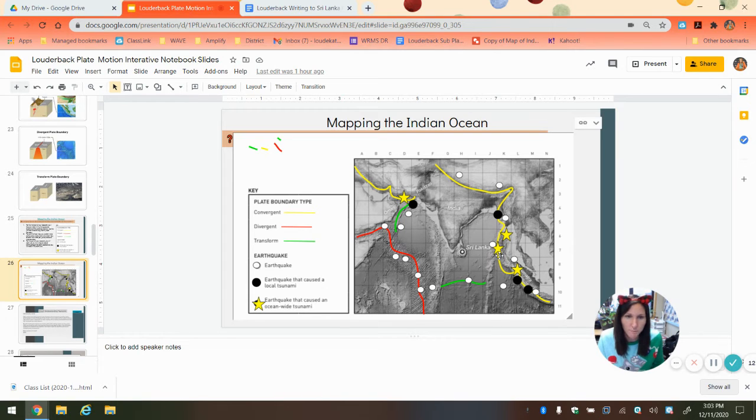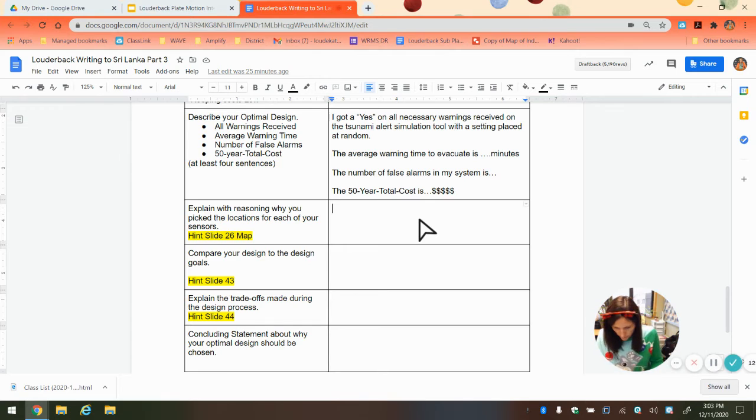So you should have been placing your sensors along a convergent boundary near the ocean-wide tsunamis that have a magnitude of 8 or higher.